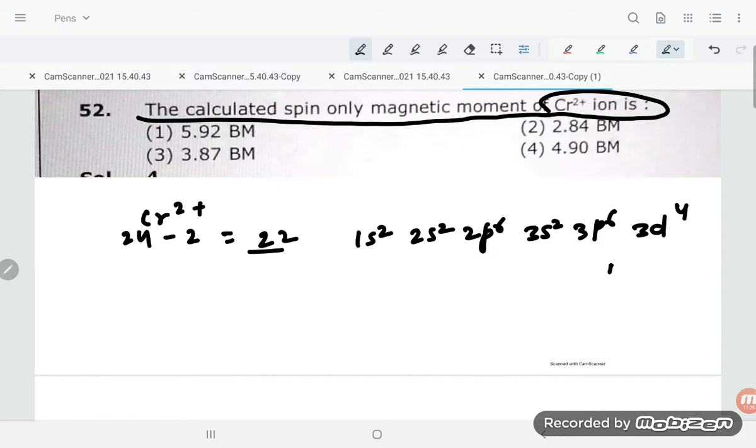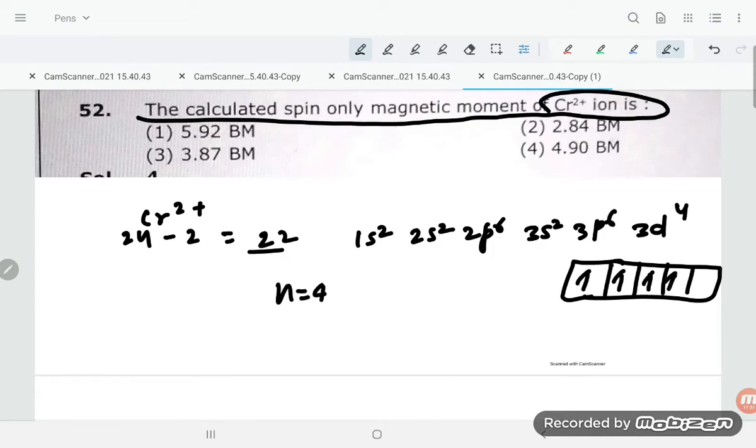Now here in the d orbital, see how many electrons will be there, student. This is 1, 2, 3, 4. So n is equal to 4. So mu is equal to how much? The formula is the root of n into (n plus 2).